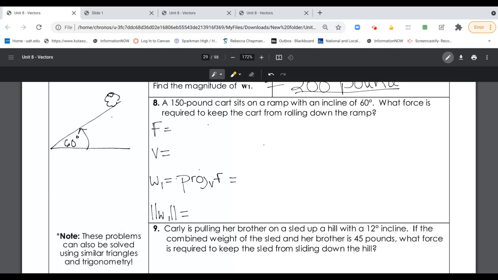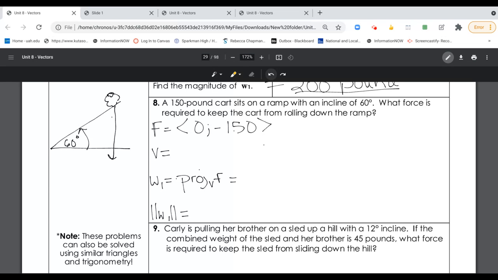What is the force required to keep the cart from rolling down the ramp? That would be 0, negative 150. Remember, this is a component vector and it starts out of the origin. There is like a makeshift x and y axis at that point where the vector starts. You don't see it, but it's understood to be there.